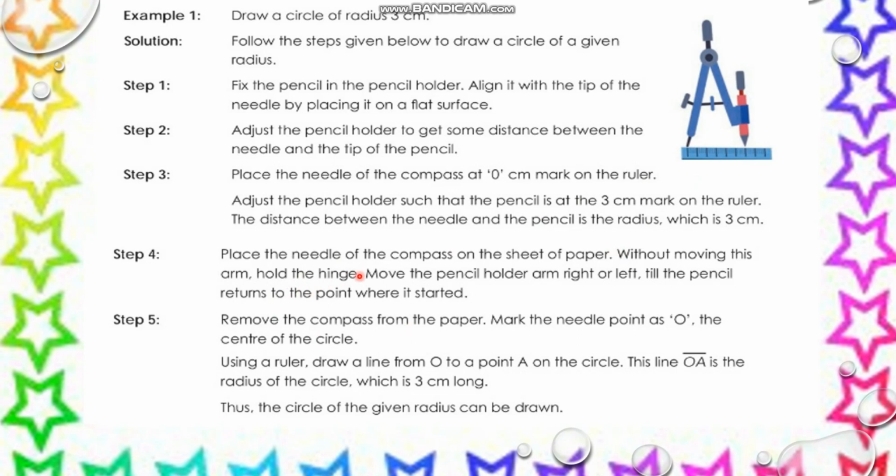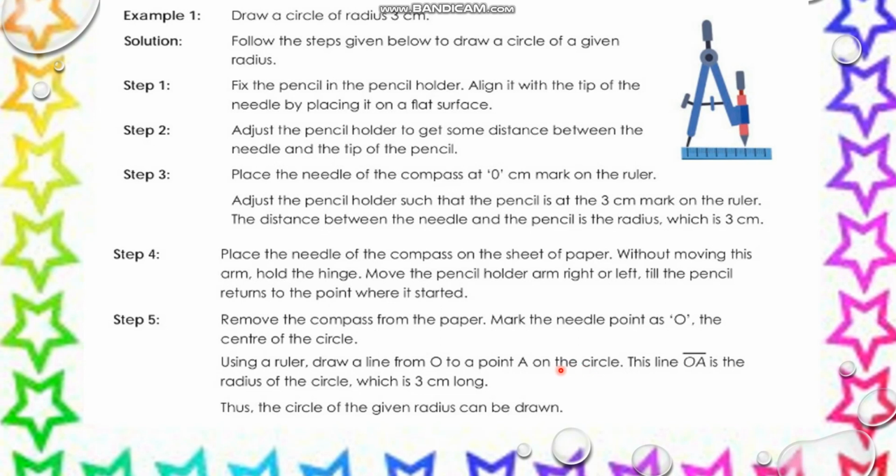For that, place the needle of the compass on the sheet of paper, and without moving this arm, hold the hinge and move the pencil holder arm right or left, till the pencil returns to the point where it started. Then remove the compass from the paper and mark the needle point as O, the center of the circle. Using a ruler, draw a line from O to a point A on the circle.